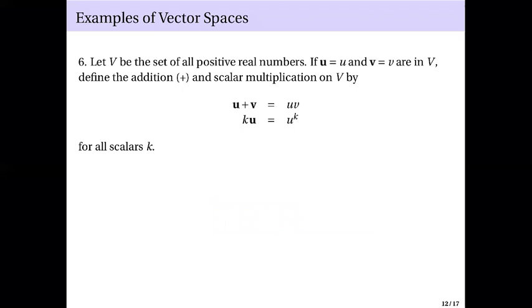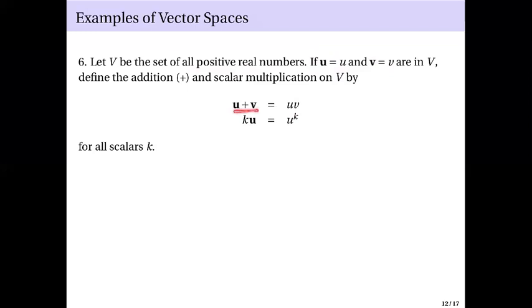Let V be the set of all positive real numbers. Take note of that: positive real numbers. So if you get the two objects u and v, they will just be the real number u and real number v. We define the addition as follows. You add the two objects u and v, so u plus v, and it will be defined as the product of the real numbers u and v.